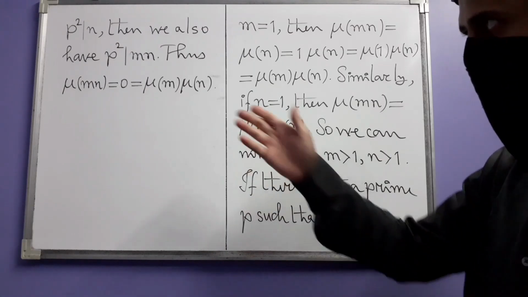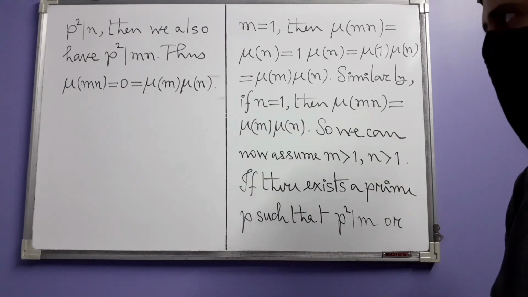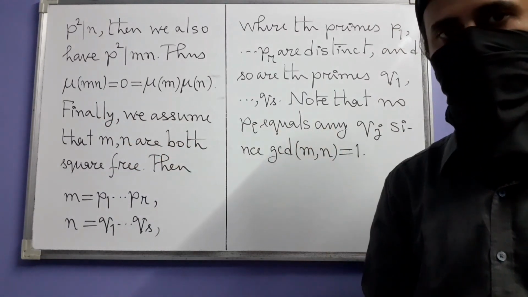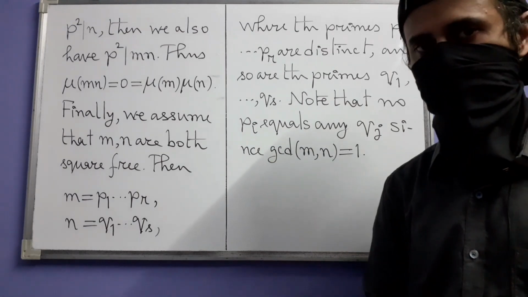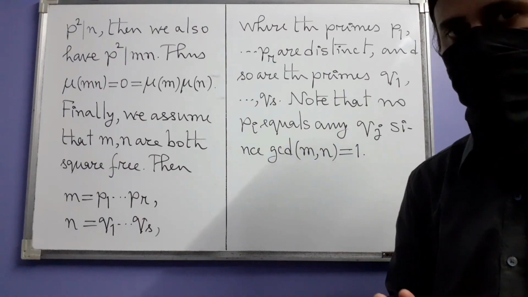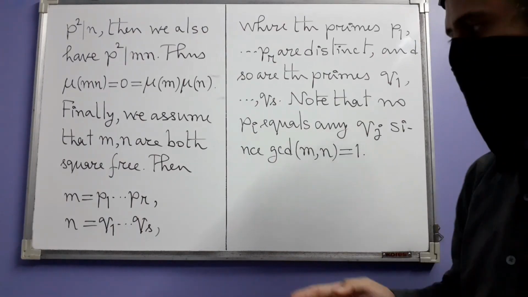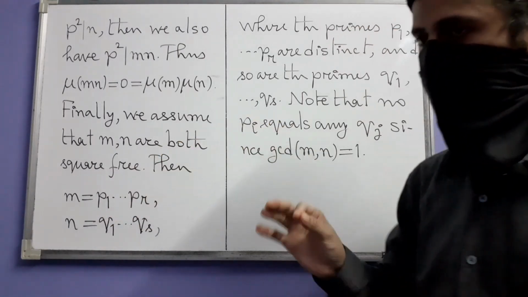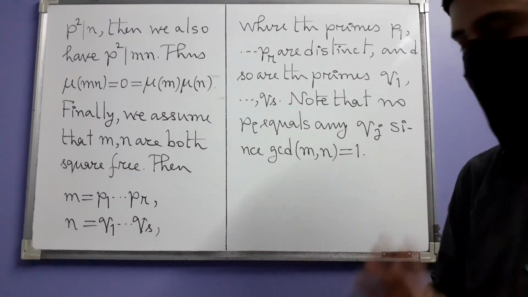Are we going to get our claim true in this third case also? Let's see. Finally, we assume that m and n are both square free. That means in their prime factorizations, only distinct primes will appear, each to the first degree. For example, p1 only occurs as p1, not p1 squared or p1 cubed.